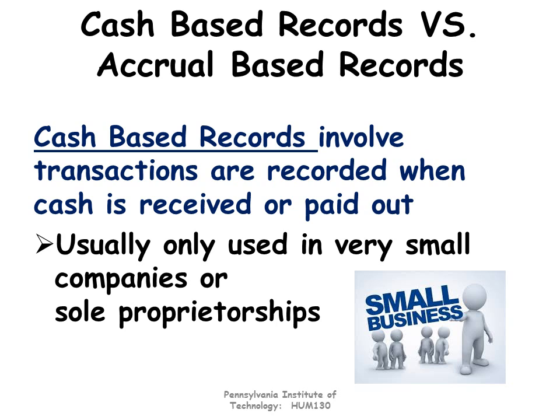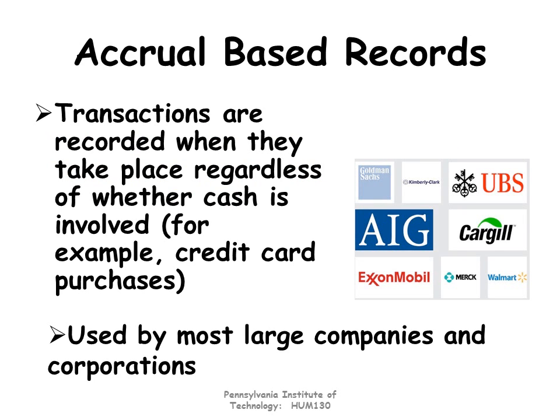This is usually only used in very small companies and sole proprietorships. A sole proprietorship is when it's one guy or one woman who owns a small company and it's pretty much them and them alone. Now, accrual-based records is a little more complicated. These are transactions that are recorded when they take place regardless of whether cash is involved, for example, credit card purchases. So let's go back to my example of the Girl Scout cookies. 4 days ago, I tell my nephew's girlfriend through a text, I want to buy 2 boxes of Girl Scout cookies.